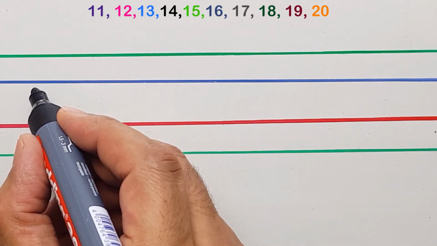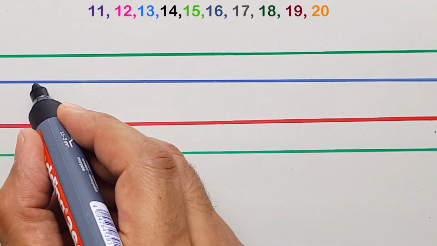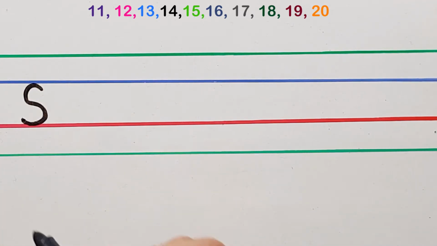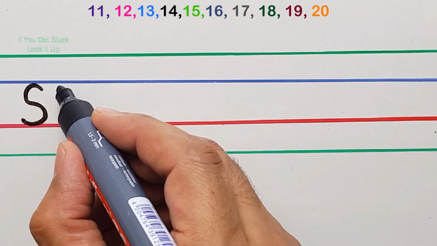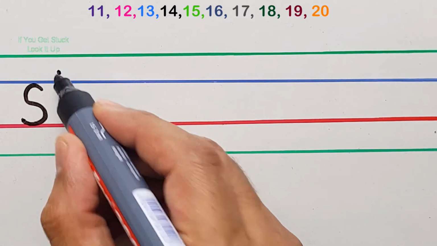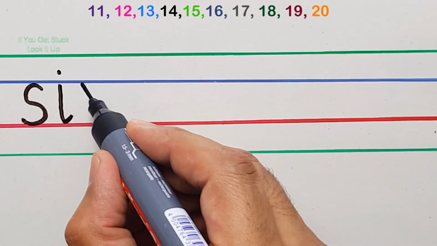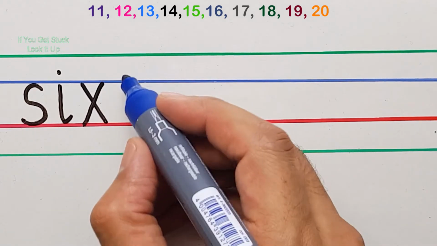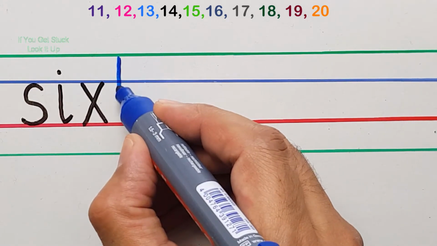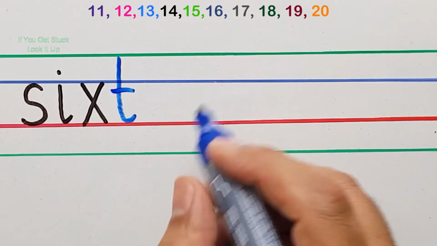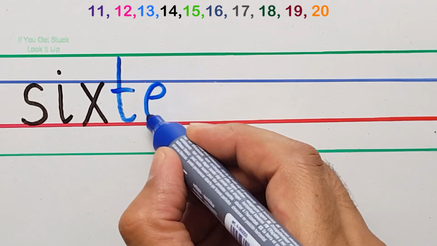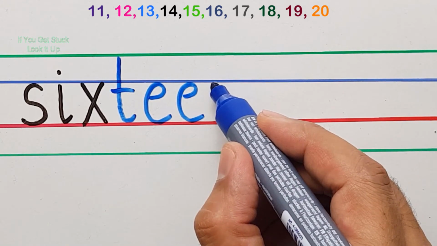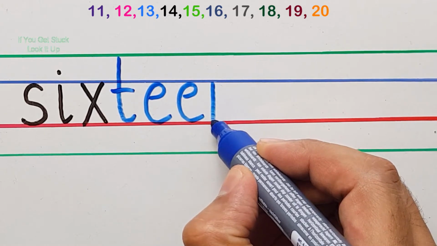16. So S is a small letter, so it starts there, goes round, round to the bass and back. I. X is a short letter. It sits on the bass line. And then you have your teen. Again, T, E, E, and finally N. So it starts in the middle to the bass line, up.